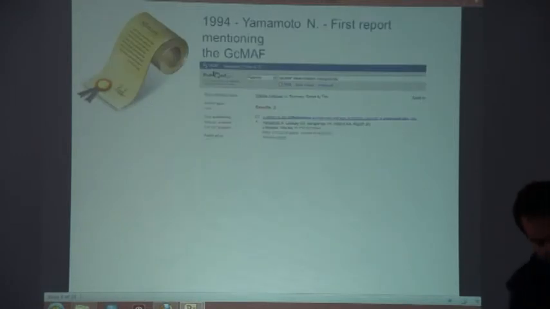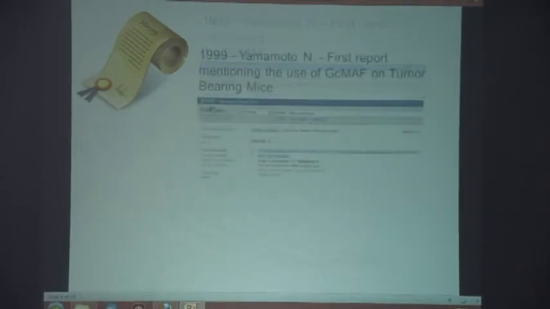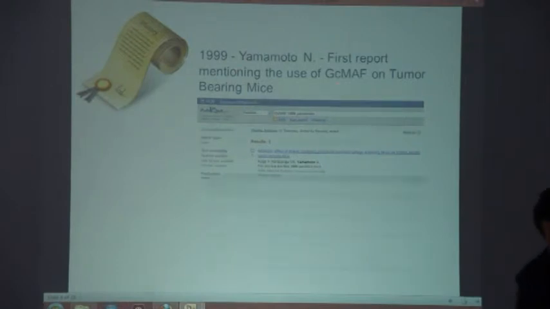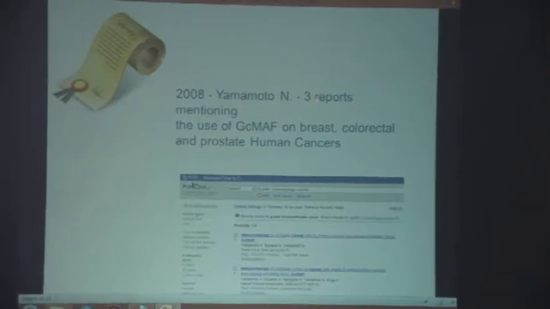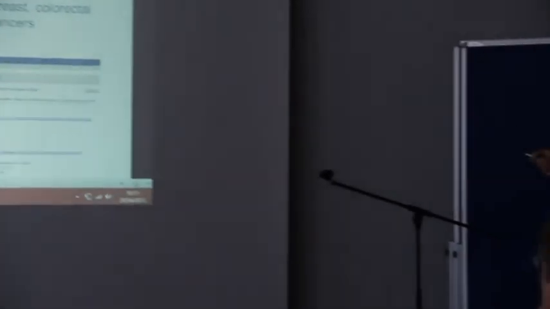A little bit of history of GcMAF. This is the first report mentioning GcMAF, by Professor Yamamoto. In 1999, Yamamoto published the first report mentioning the use of GcMAF on tumor mice. In 2008 appeared three reports of Professor Yamamoto mentioning the use of GcMAF on breast, colorectal and prostate human cancer.